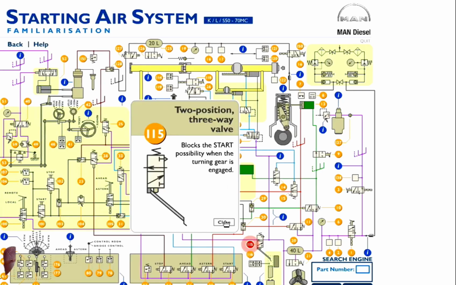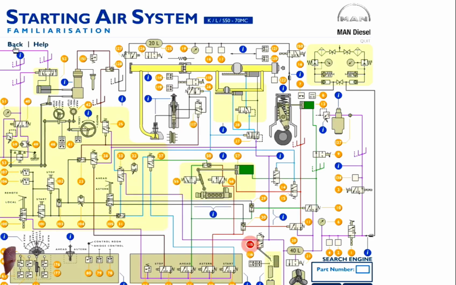As you know, when you set your turning gear you hear a noise like psh. This valve interacts and blocks the possibility to start the engine. That is it. So this is a very nice system.